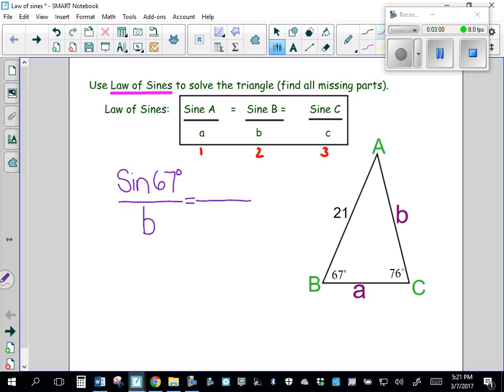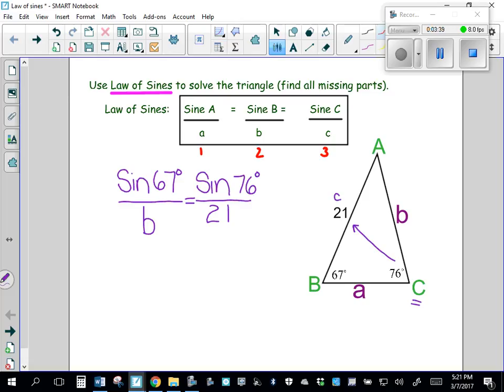So right now I don't have angle A, so I'm going to go with angle C and write the sine of angle C, which is 76 degrees, and divide that by side C, which is always opposite C. So in other words, if this is angle C, we would call that side C. So the lowercase letter represents the length, and the uppercase letter represents the angle.